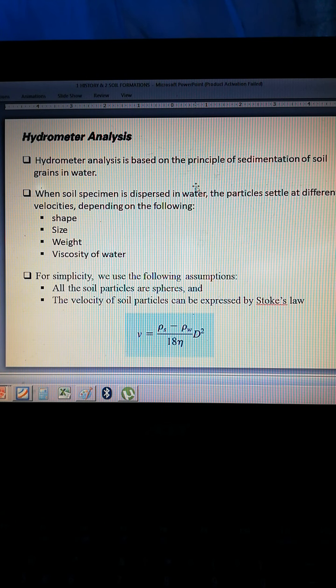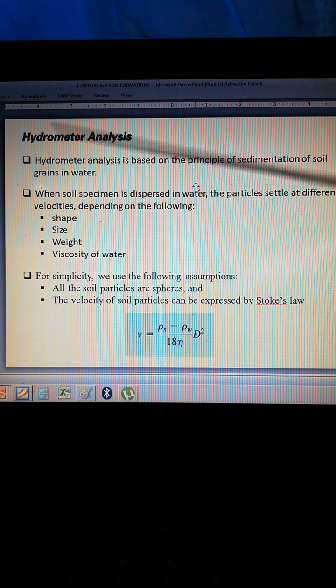After palugdang, your soil dispersed in water, naa na kay hydrometer inside that cylinder that contains the water where you have the dispersed soil in it.